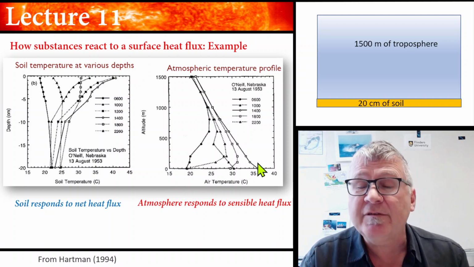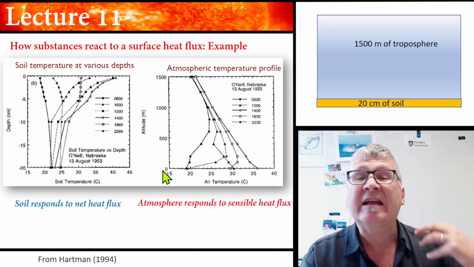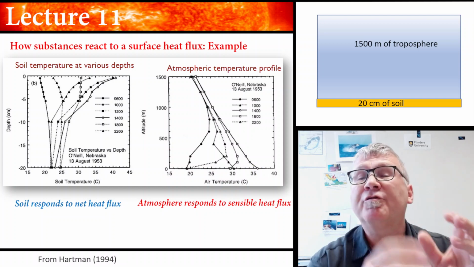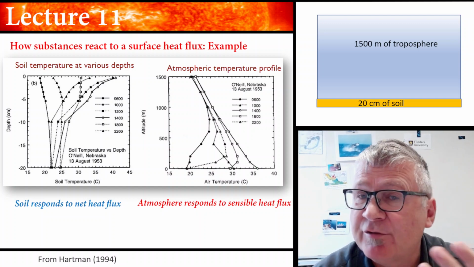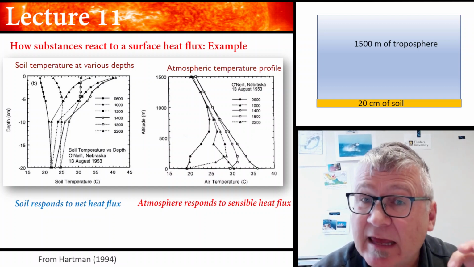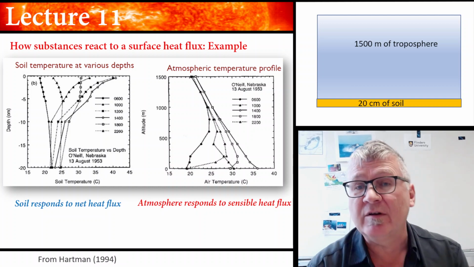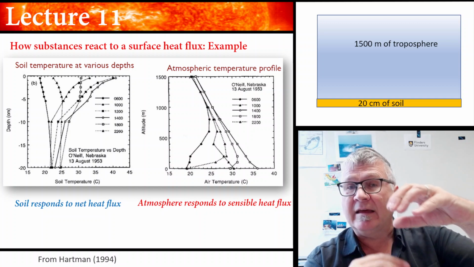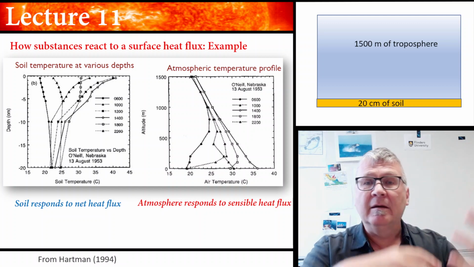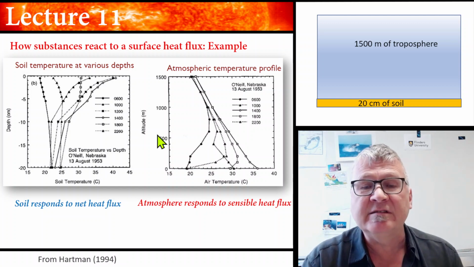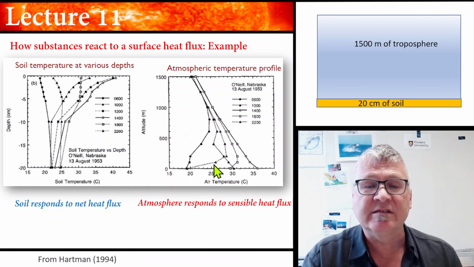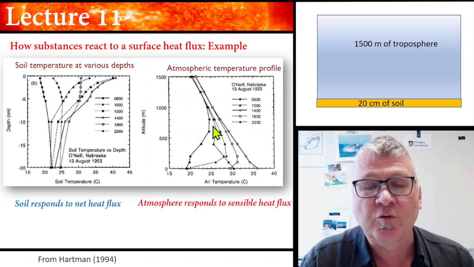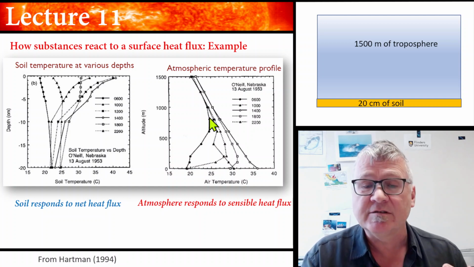The atmosphere has a response that actually heats up over the day. And there is another process that happens in the atmosphere. It triggers an unstable density distribution, with lighter air over heavier air. It causes a mixing of air masses, and you can see that it influences the temperature up to maybe 700 to 800 meters.